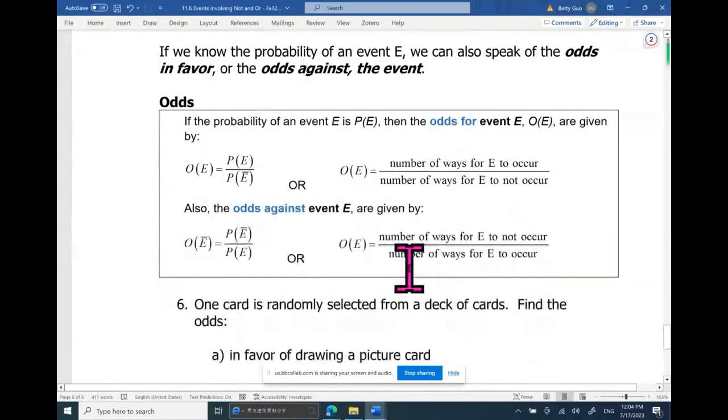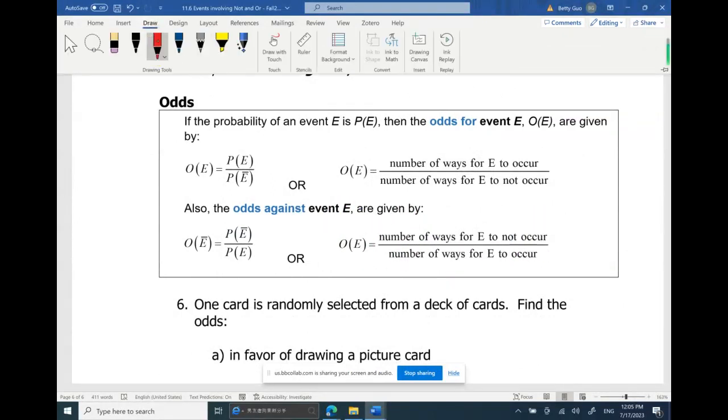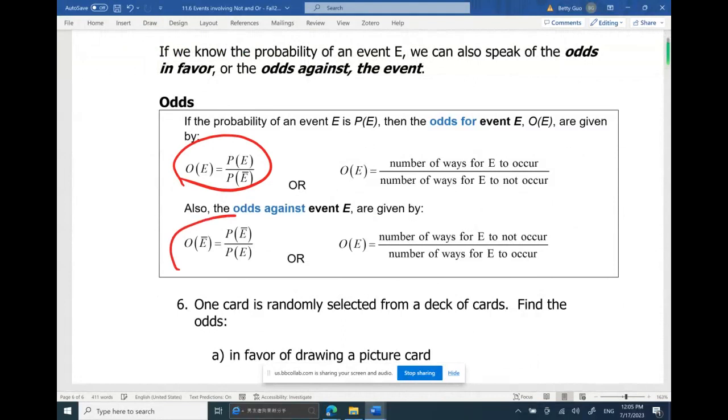The last topic of this section is about the odds. We have two formulas, this one and this one. The odds of an event, the odds for the event, or the odds in favor.